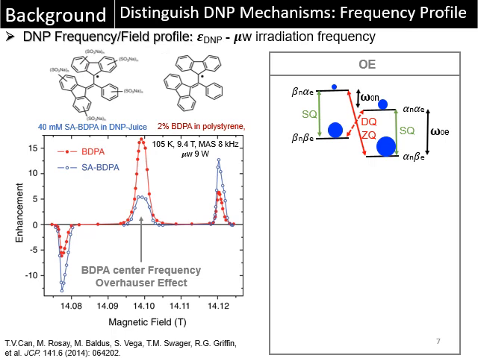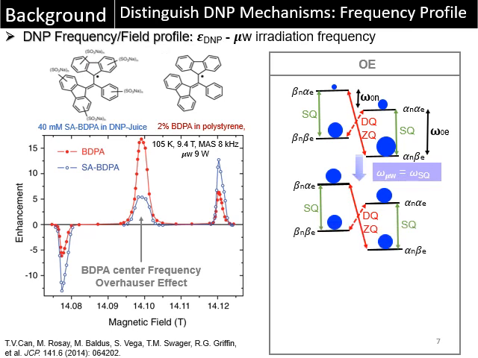When one electron and one nucleus are hyperfine coupled, the energy states split into four, and the ball size here indicates the population at different energy states. For the Overhauser effect, microwaves irradiate at the on-resonance condition, which is a single quantum transition, and will saturate the electron energy states.